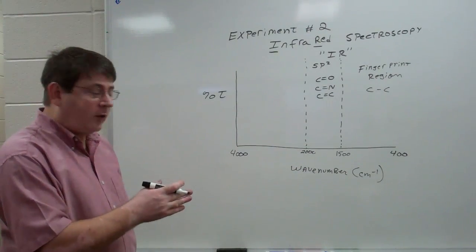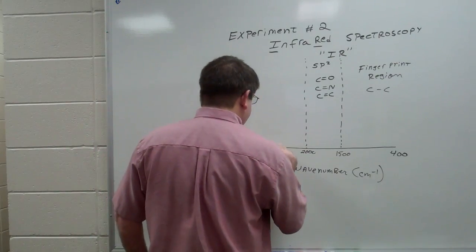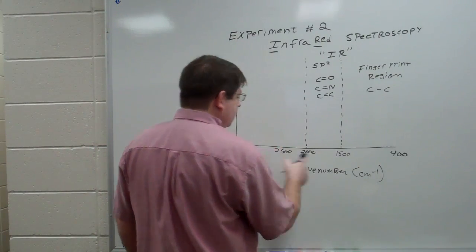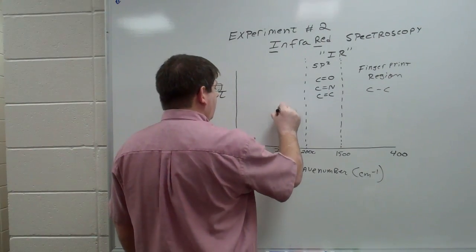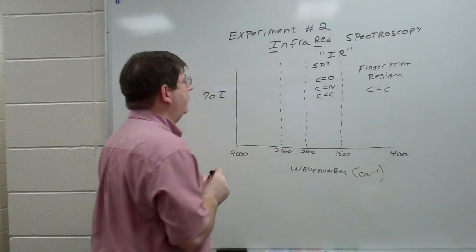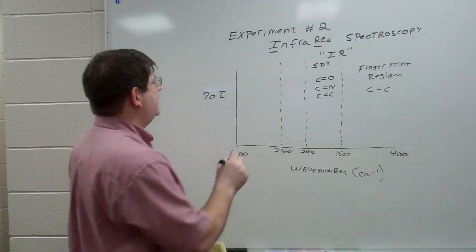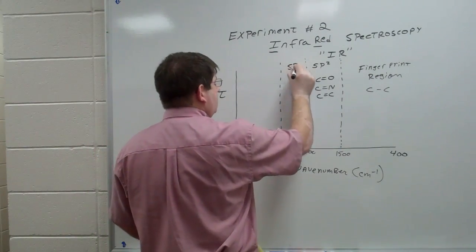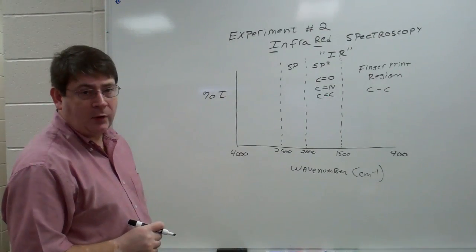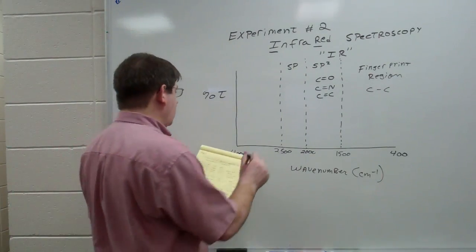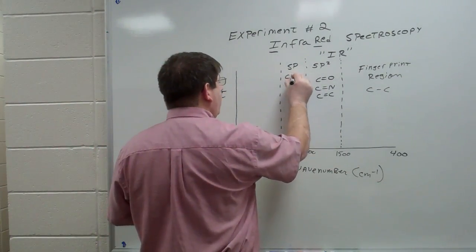Now we're going to move out another 500 to 2,500. And of course, my scale here is a bit exaggerated, but you'll be able to see this on your spectrum very, very easily. This is the sp region. So between 2,000 and 2,500, anything that's sp hybridized, that's where we're going to find it. And so this is going to be things like carbon-carbon triple bonds.